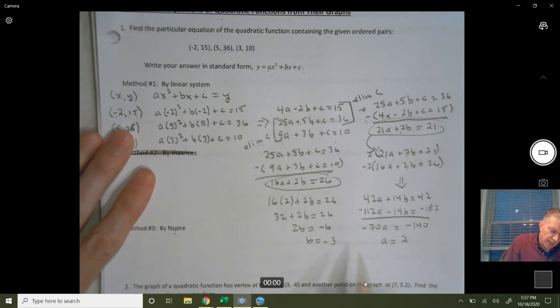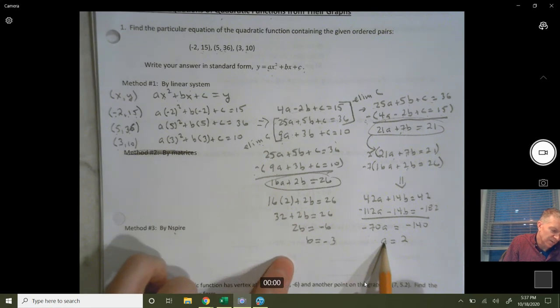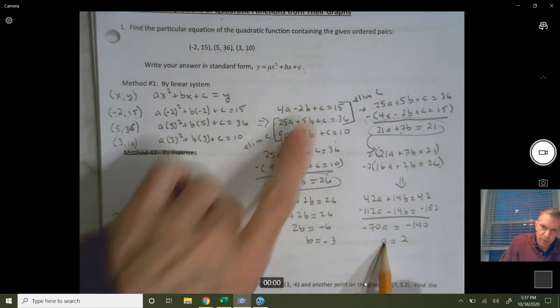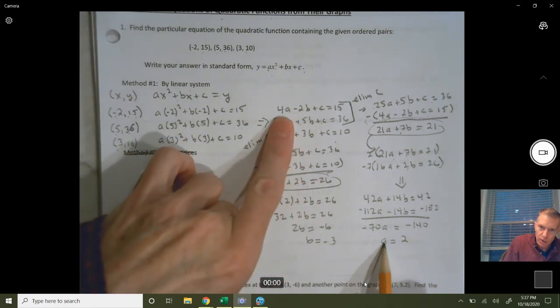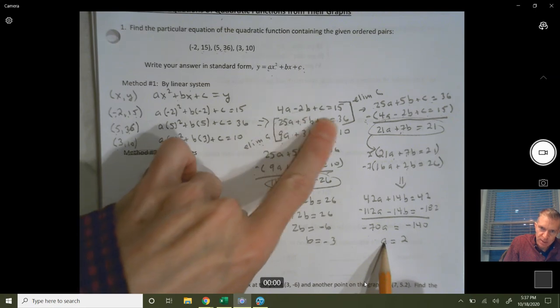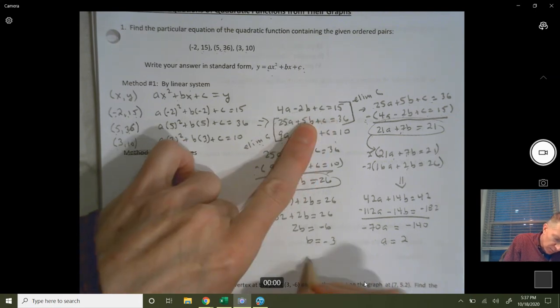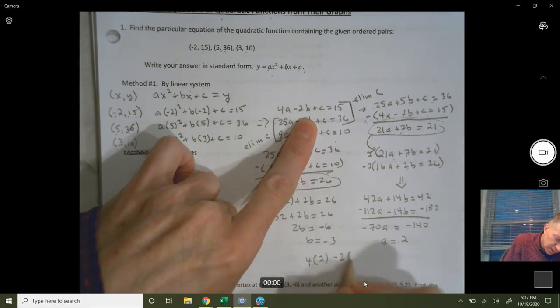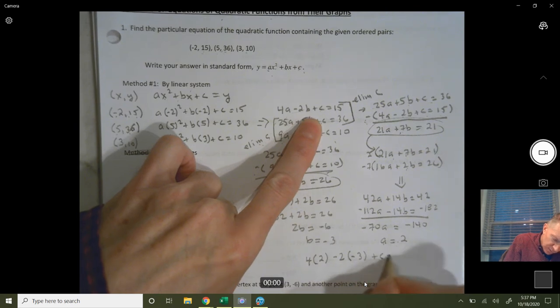Okay, and then I can plug a and b back into any of your original equations. Let's just plug it into the first one. 4a minus 2b plus c equals 15. So 4a, a is 2, minus 2b plus c equals 15.